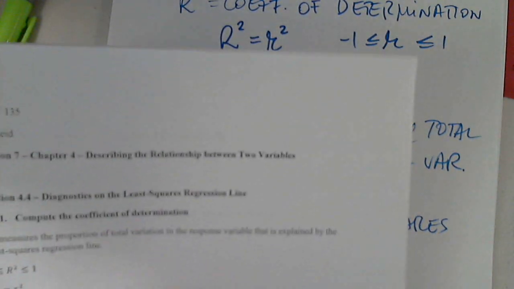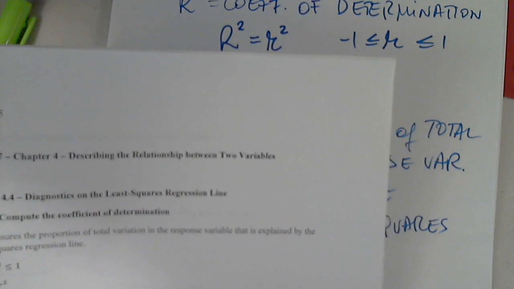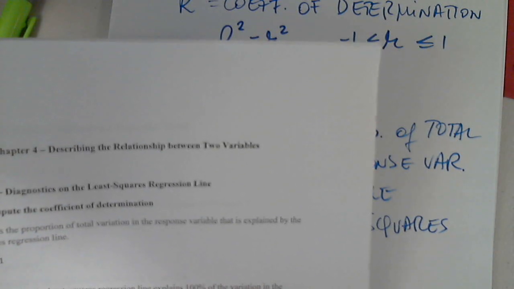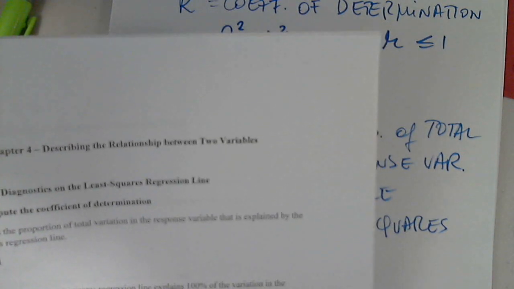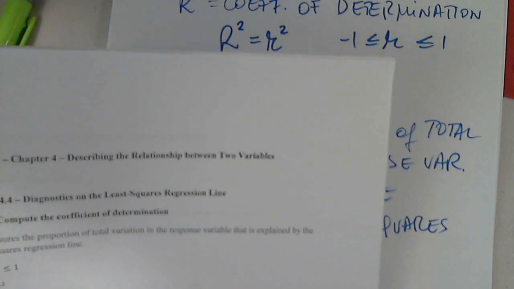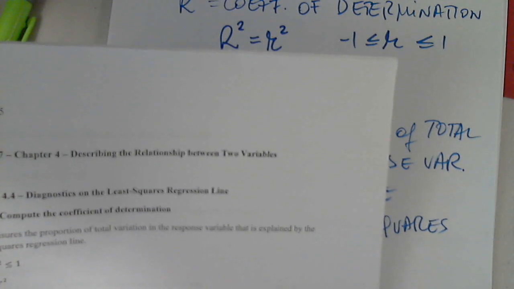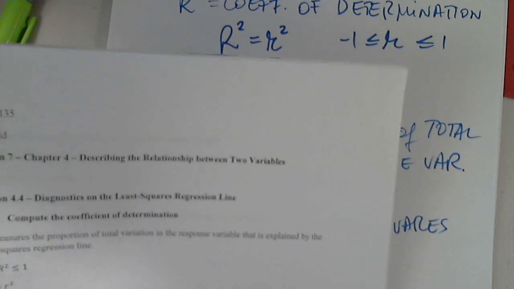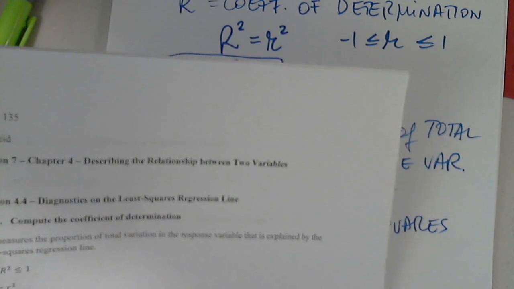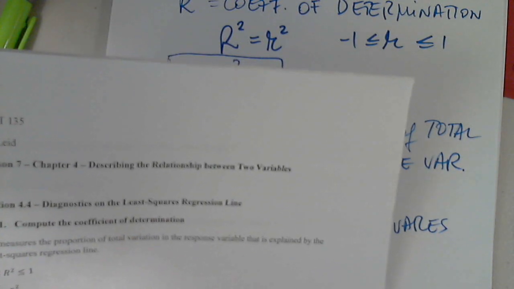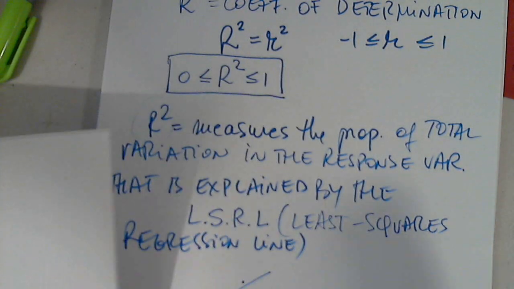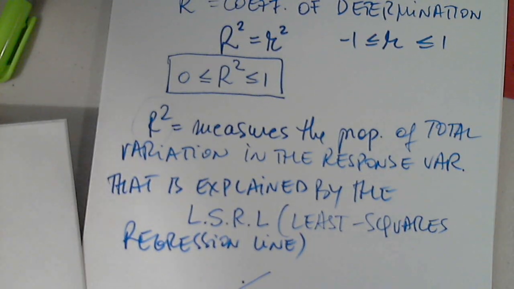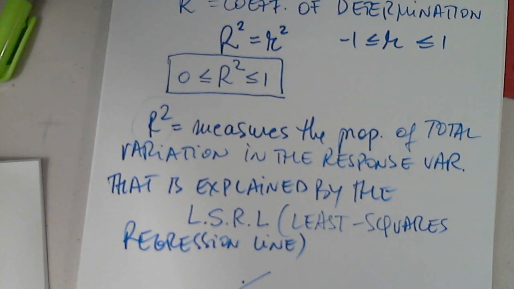So r squared equals 1 means that the least squares regression line explains 100%. That's really impossible, but very close to almost all of the variation in the response variable. And if r squared is 0, then the line has no explanation. The line is not going to help us at all.